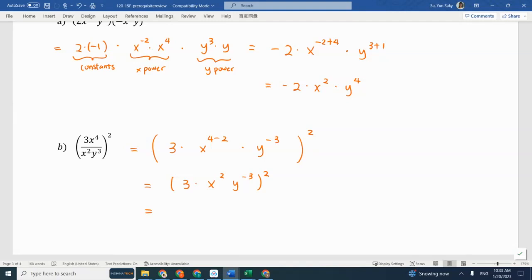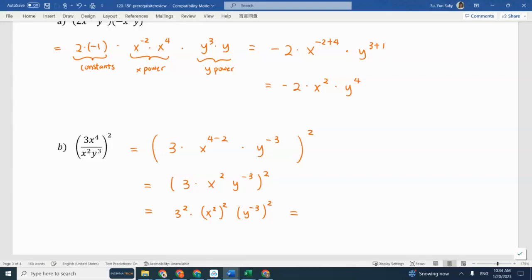But if it's a product, we can do it. So what do we put into each one? Yes, exactly. We put it on each one. This is what I mean by distribute. So this is like 3 squared, x squared squared, y to the -3 squared.